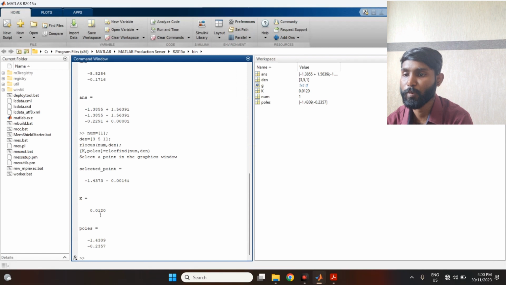The k is 0.120, and the poles are negative 1.309 and negative 0.2357.